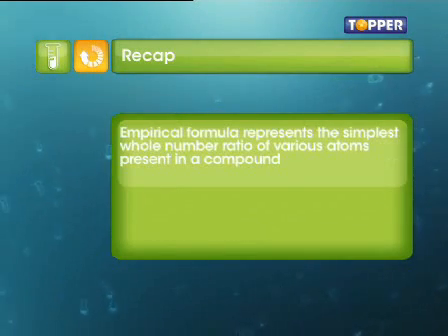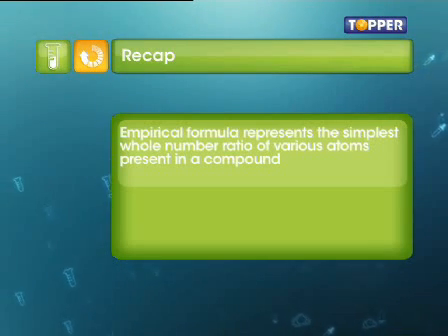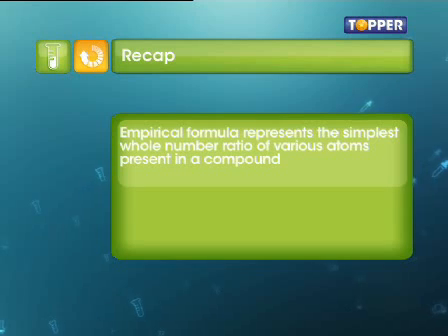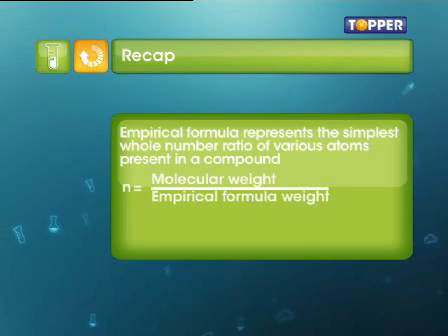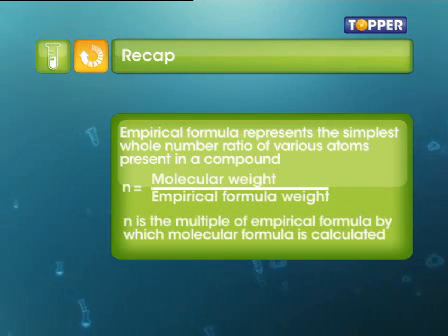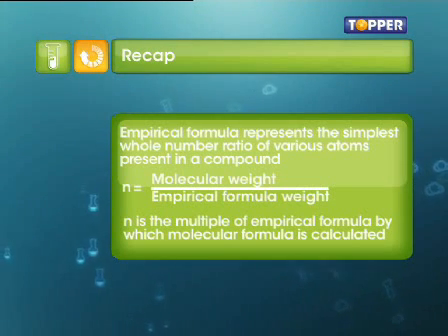Empirical formula is the simplest whole number ratio. N is the molecular weight divided by empirical formula weight. And N is the multiple of the empirical formula by which the molecular formula is calculated.